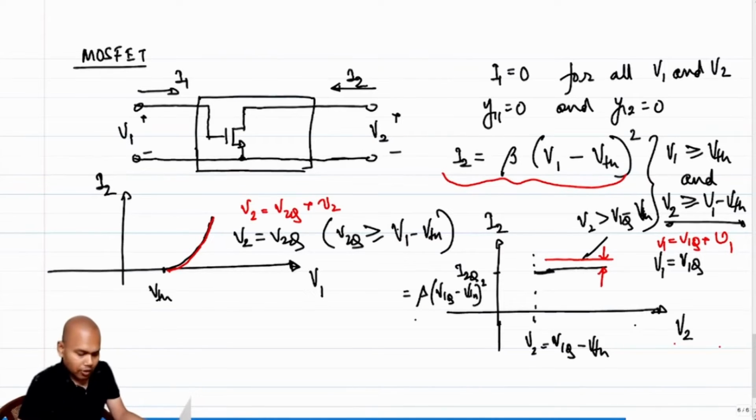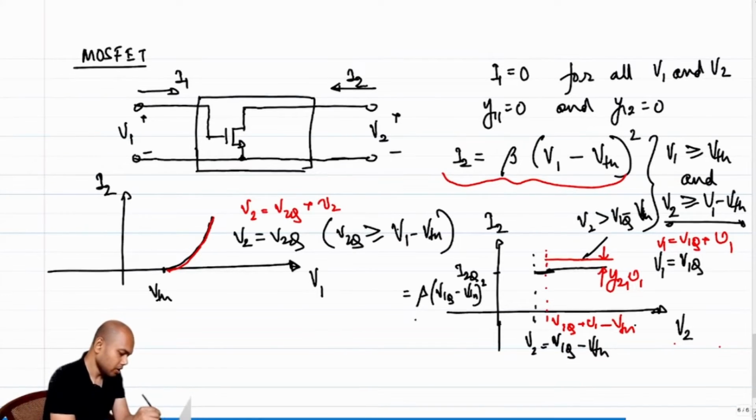In other words, if v1 is small enough that you can neglect the higher-order terms, that is, if you expand this whole square you get a square term, a linear term and a constant term, and the quadratic term is neglected, then the increase in I2 will be Y21 times v1. Again, the range of validity for this flat line will be till the new V1Q plus v1 minus VTH.